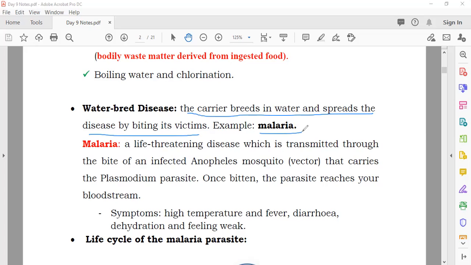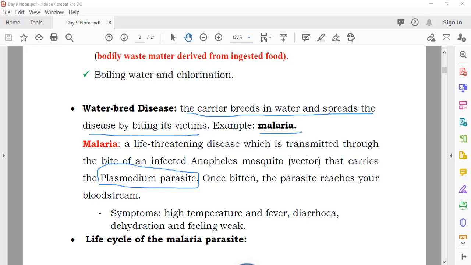Normally people think that malaria is due to mosquitoes, especially female mosquitoes. But when we see the studies and research, we will find that it is due to a special type of parasite, that is plasmodium. It is caused by this one. The mosquito is a carrier.